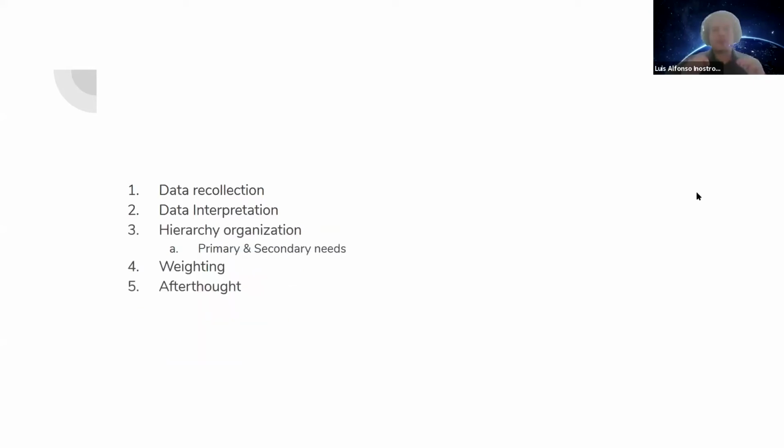Once we have all the needs, we organize them into primary and secondary needs. Primary needs are general ones, and secondary needs are specific ones and are included in the primary. Then we weight all these secondary needs into importance with the importance of the client. For some people, portability may be more important than safety, and for others the other way around.